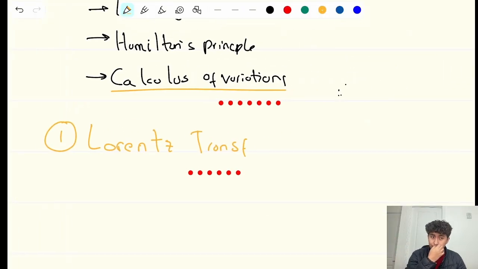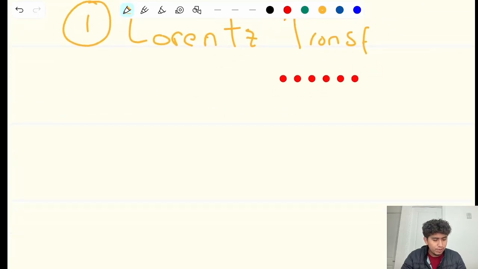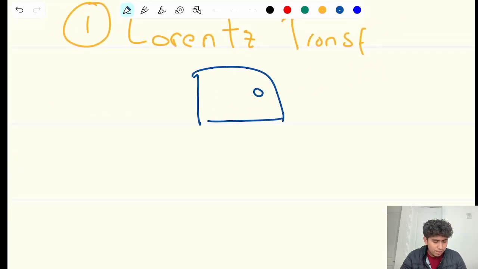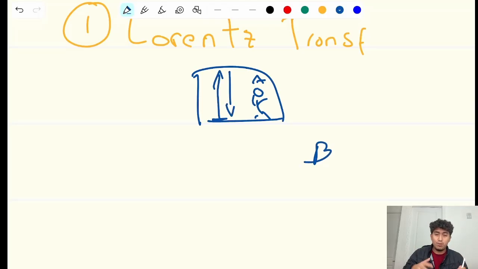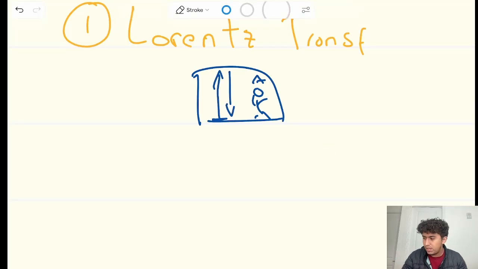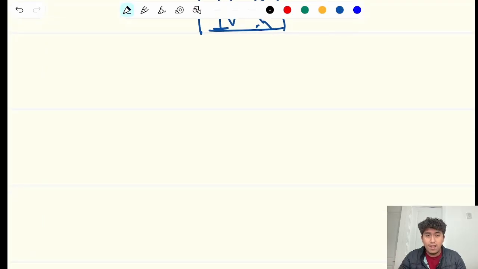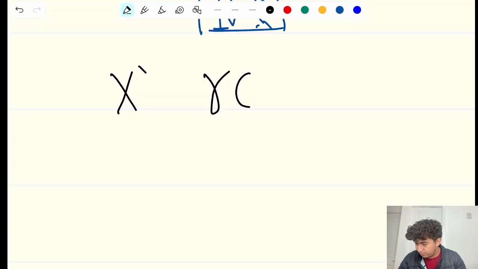That was just a review, and in it we did an example in which you have a car, you have a person, this is A, this is B. This person shoots a pulse of light up and down, and we get Lorentz transformations from there. We get very simple ones, and if you trust me, you can generalize the Lorentz transformations we saw at the beginning of this lecture, and you can write the following.